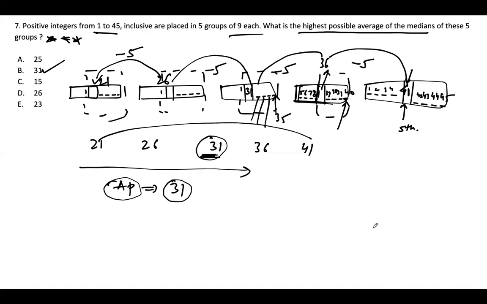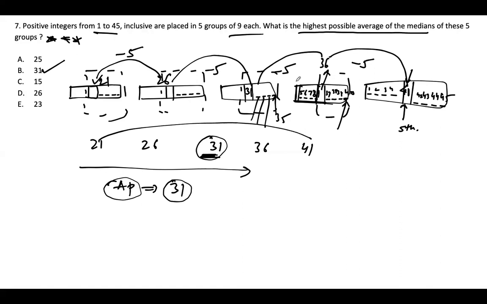Yeah. So, but how come we're assuming that it's done chronologically? Because after that, you're using 5 numbers now. As in? See, after this, you're using 1, 2, 3, 4, 5. No, I'm saying why are we assuming that each group has 1 to 9, then 9 to 18?